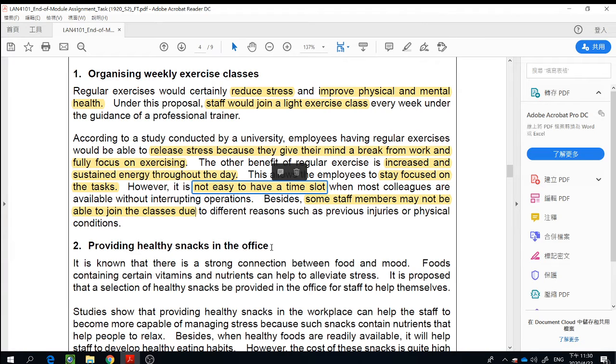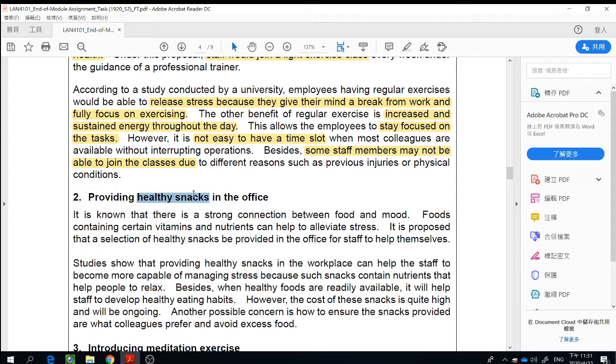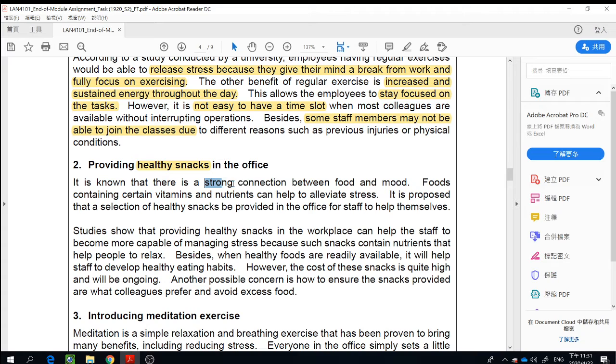All right. Second point is to provide some kind of healthy snacks in the office. What are the benefits? There's a strong connection between food and mood. All right, according to some research, food containing certain vitamins and nutrients can help to alleviate stress.